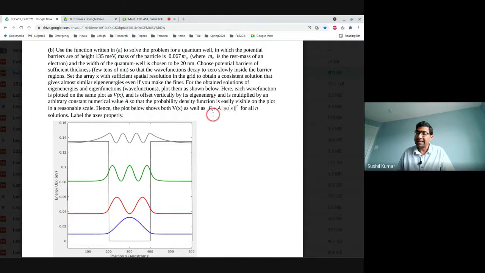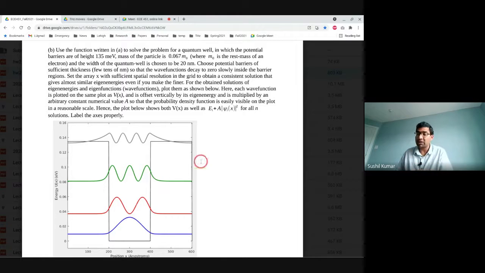That means the energy is added on to this wave function, and there is some factor which you can randomly adjust so that the wave function looks good. You can make this factor 10 times higher and the wave functions will look very big, or 10 times lower. So this is just for, you can call it aesthetics, or just for it to look good, so you can kind of see the wave function.